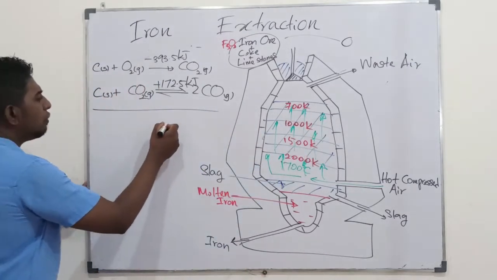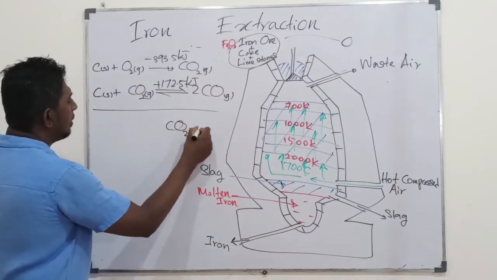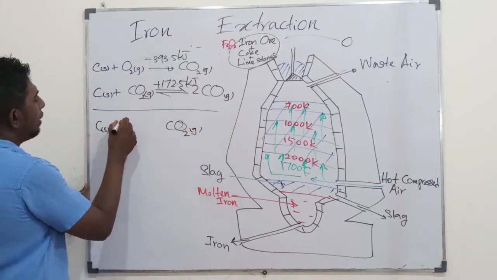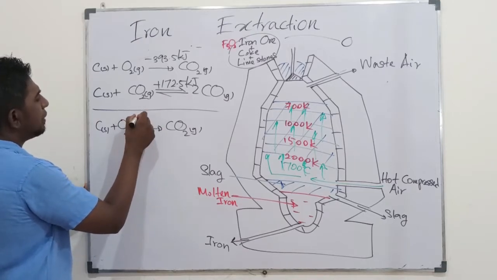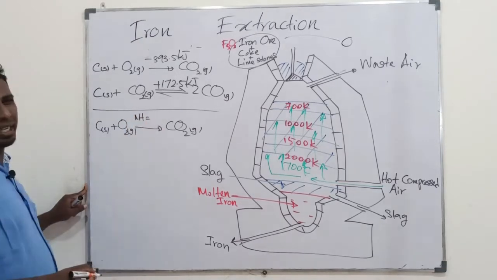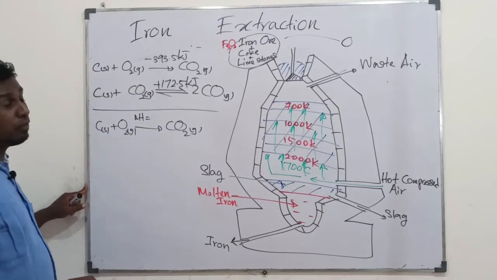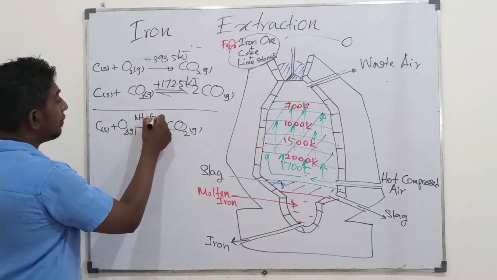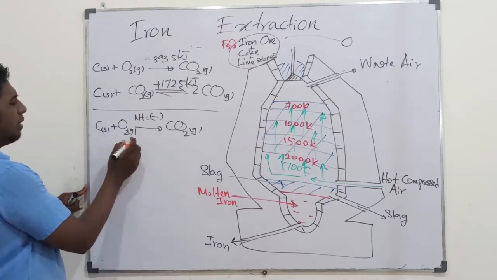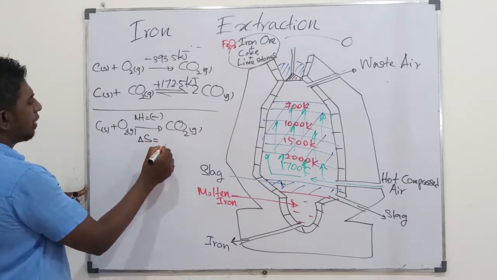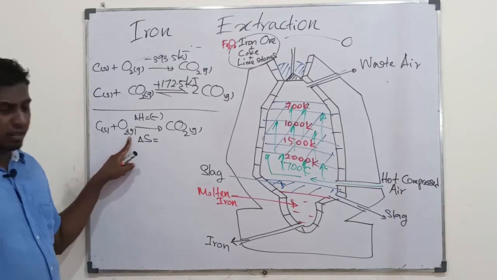Anyway, if you are about to form carbon dioxide using coke and oxygen, you would find this enthalpy change being negative. You already know it is minus 393.5 kilojoules. It's negative. And its entropy change? It is a gas.